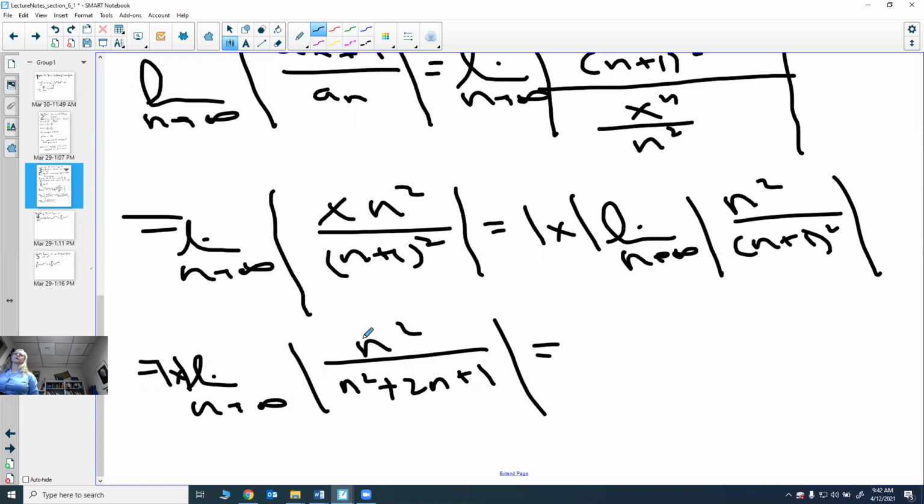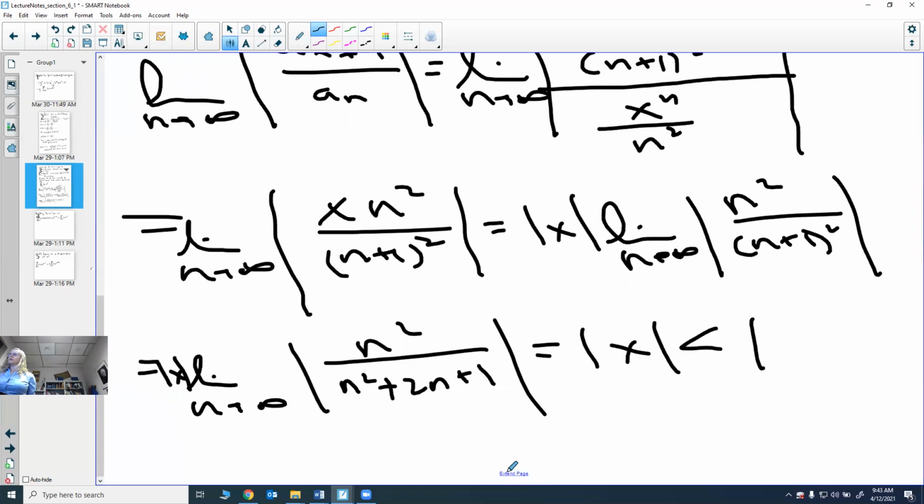And L'Hopital's rule would be we do 2n over 2n plus 2. Do L'Hopital's rule again, you get 2 over 2, which is 1. So we end up with the absolute value of x. And we know that this is going to be less than 1 because this limit is 1. So we have that information.